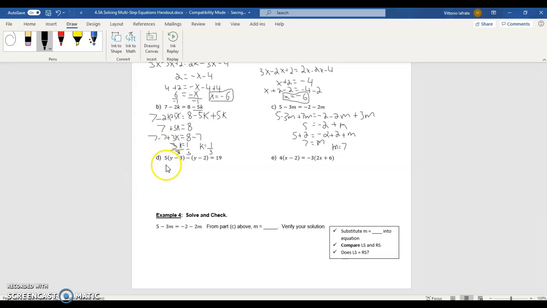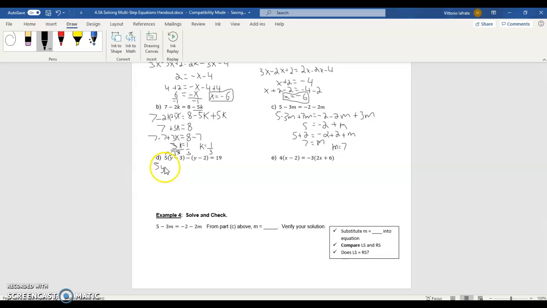So now we're going to do example D together. It's the same process, except you need to make sure that you distribute first and simplify before you actually solve for the variable. So remember, use your distributive property rules that we learned. So we have 5y, because 5 times y is 5y, minus 15, because 5 times negative 3 is minus 15.